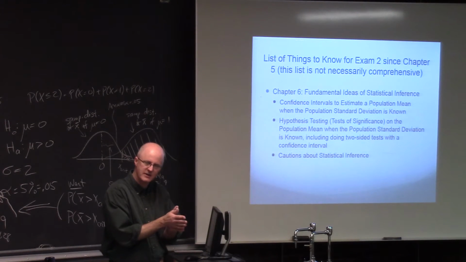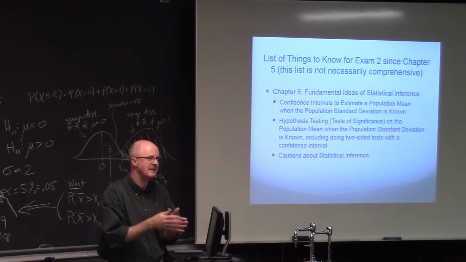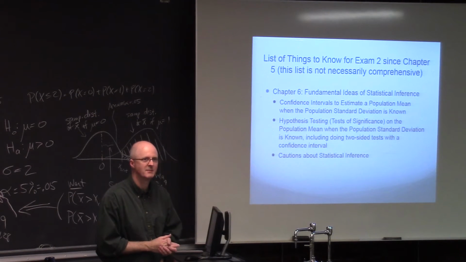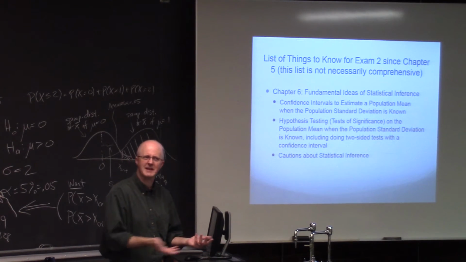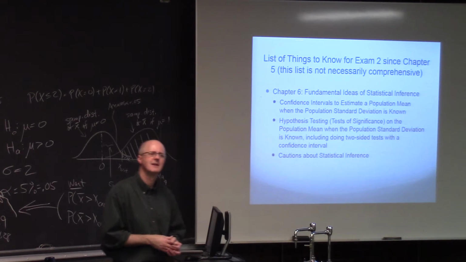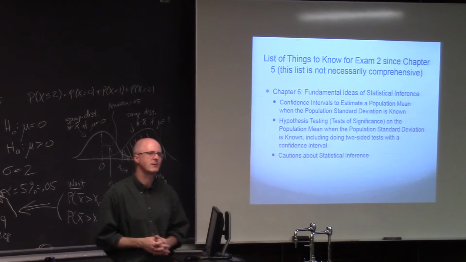Maybe it's just a small difference. Maybe x bar is not very far from the null value of mu. And so even though the p-value is really small, maybe it's not an important difference to be able to worry about. So maybe even though you could say you reject the null, it's not worth rejecting. It's not an important difference that you found. That's one big thing that comes to my mind when I think about cautions.